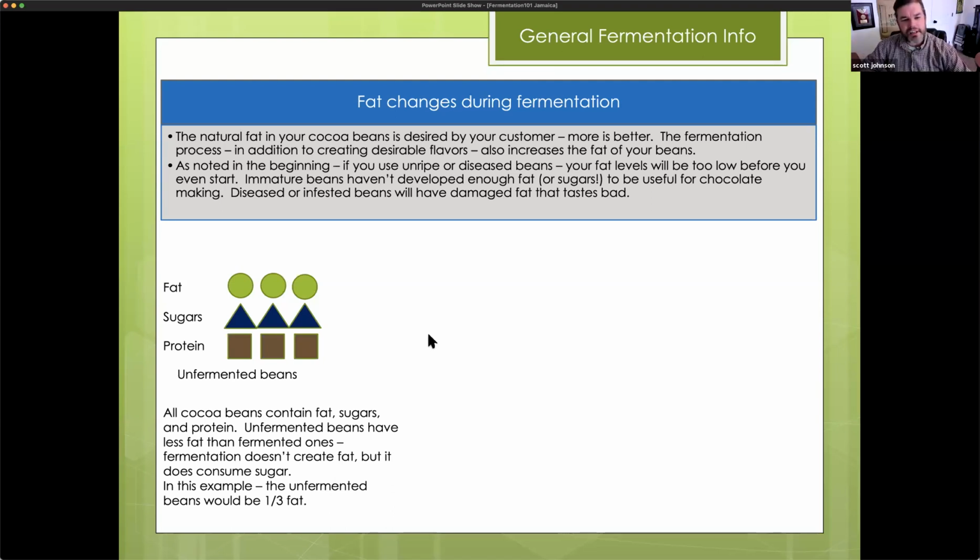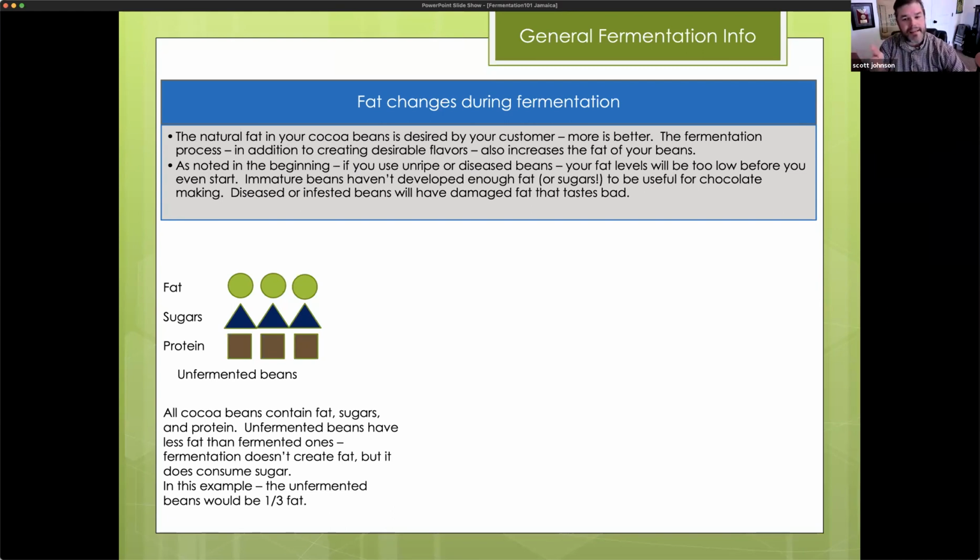And why do we care, right? Your customer, the Nicks of the world, are going to want beans that are easy to process and flow. They're going to make chocolate, and that chocolate has to be able to be poured into something. They pour it into a mold to make a bar. They pour it over a cookie to make a candy bar. It has to have a certain level of flowability for them to be able to work with it. That flowability comes from the fat, the cocoa butter in your cocoa beans.